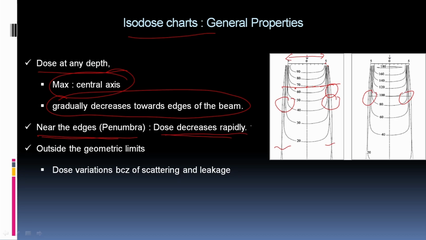This penumbra depends on the source to surface distance, the source size and the source to diaphragm distance. Outside the geometric limit, the variations we see are because of scattering from the irradiated volume and leakage of the collimation system.